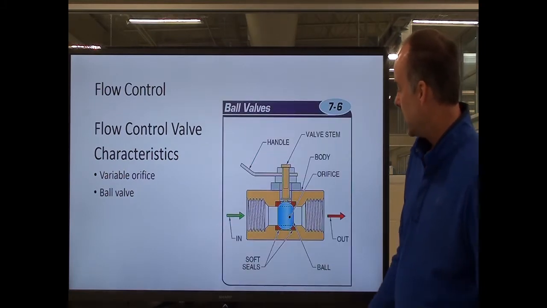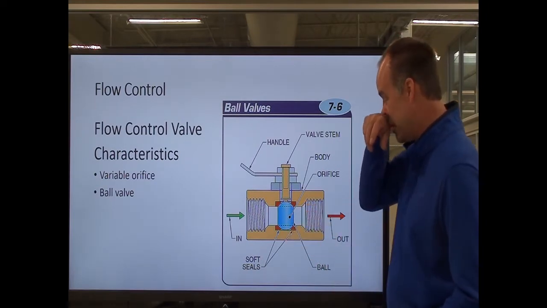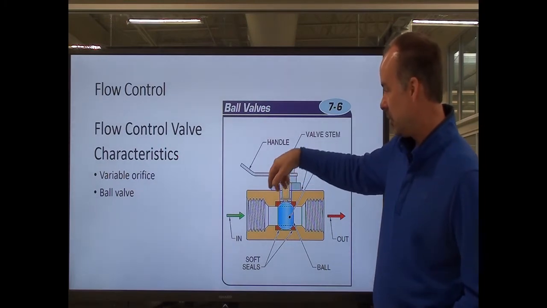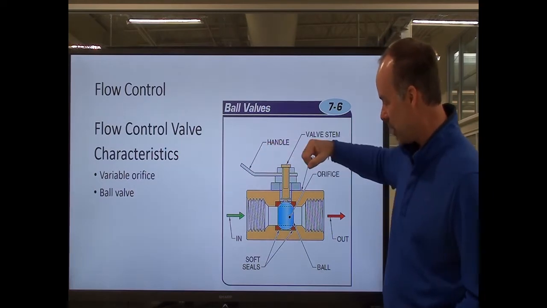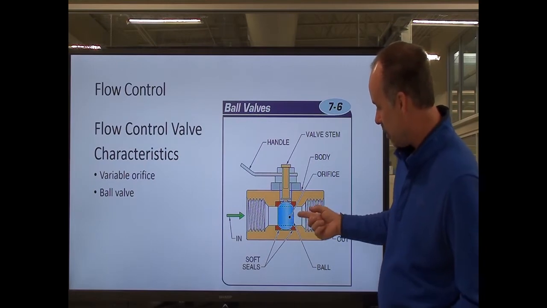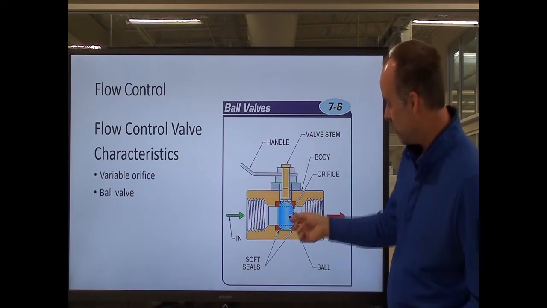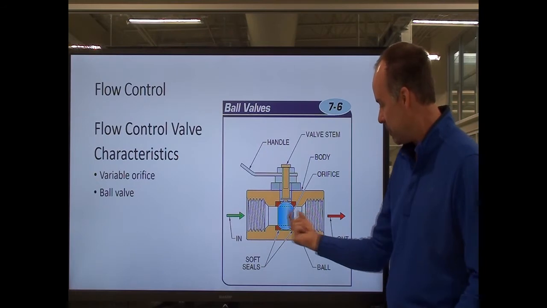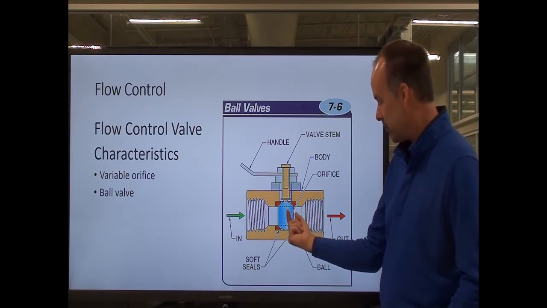The ball valve. These are something you'll typically see more in industrial settings. It's basically a two-position valve, where you don't keep turning it. You don't give it a full rotation, normally it's about a quarter rotation. I've got a ball here, and through this ball there's a hole. When I turn it sideways, the hole is taken out of the path of the opening, and it'll actually block flow against the side of the ball.